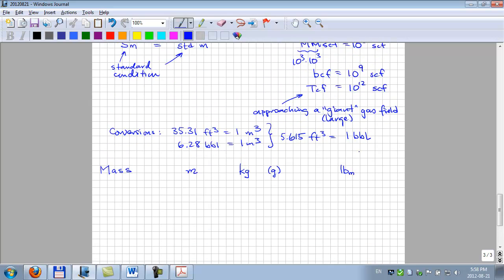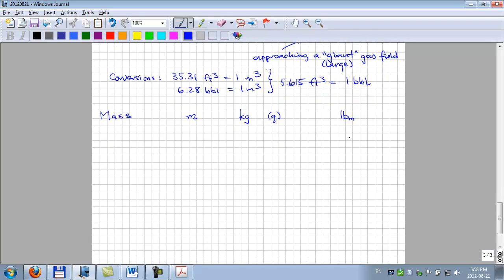Any questions about volume other than that? We've got the mass, pretty straightforward. The mass conversion is 2.2, I think.